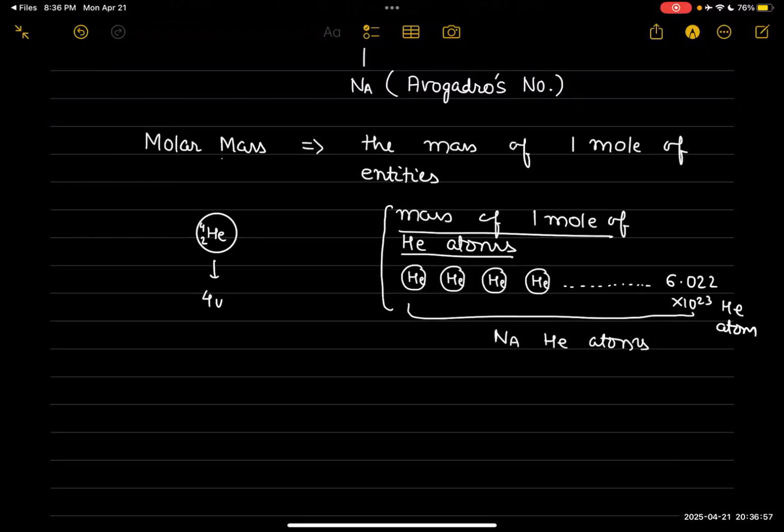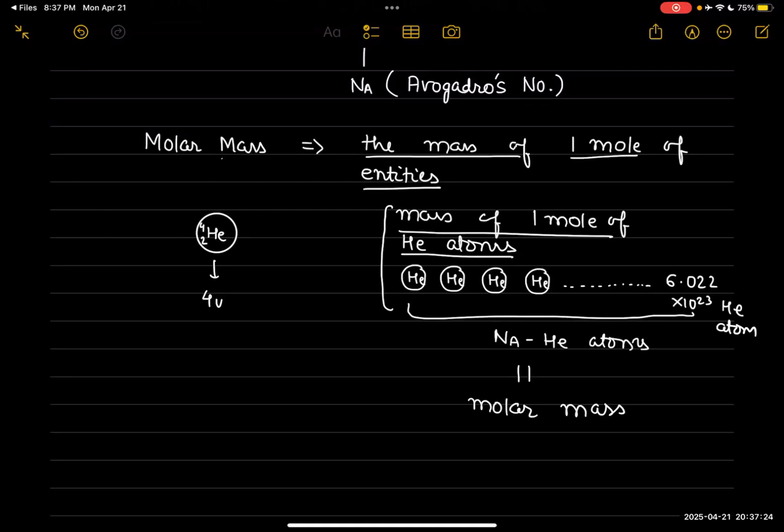It is known as the mass of the whole bunch. Whole bunch means 1 mole, and that is called molar mass. Now, have you understood the meaning? The mass of a whole bunch of 1 mole of entities.